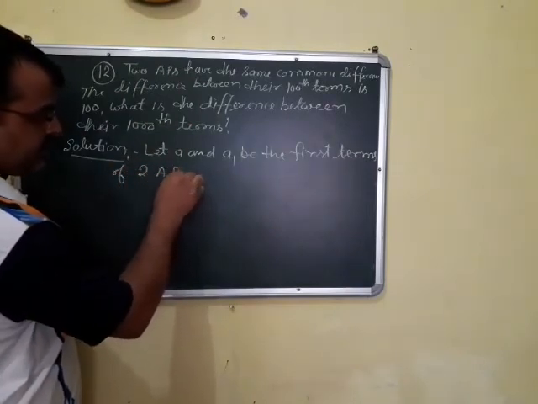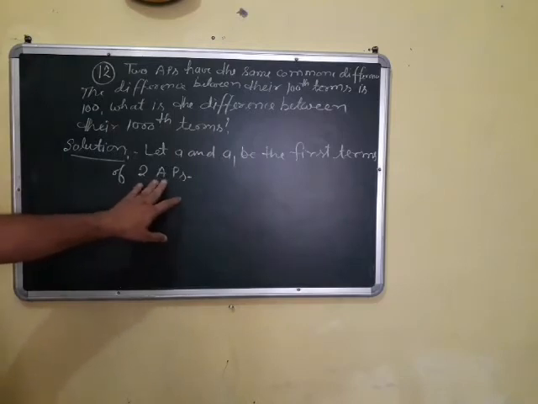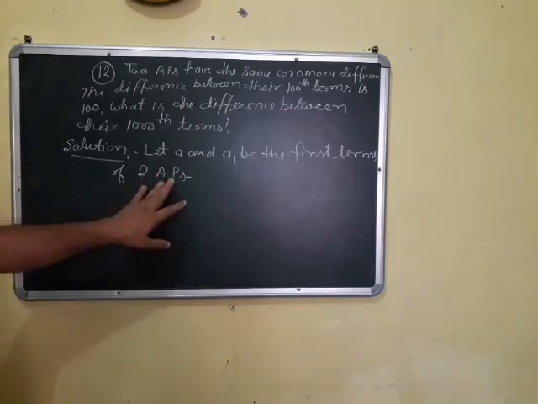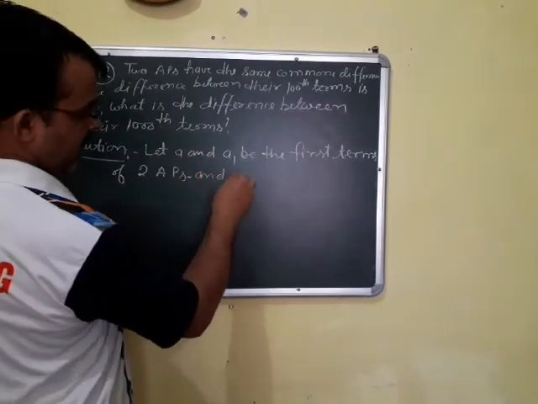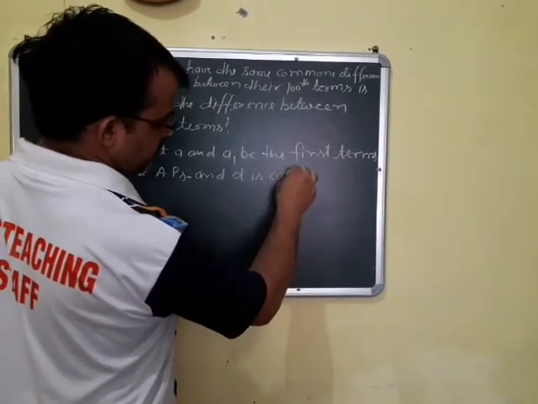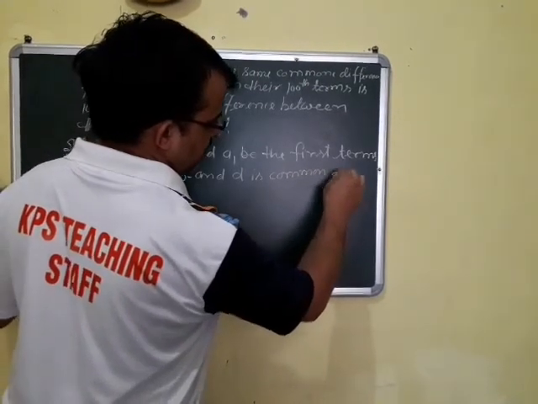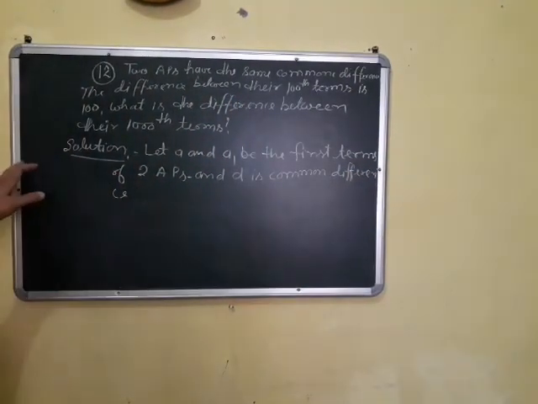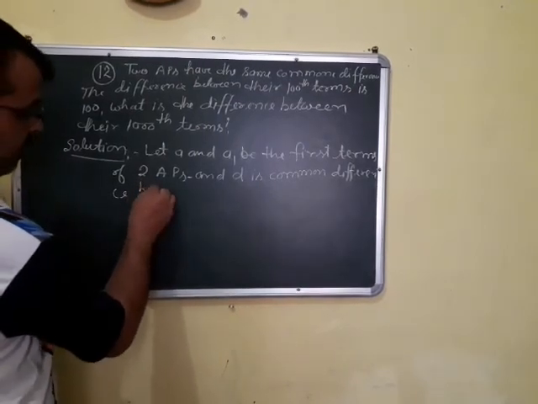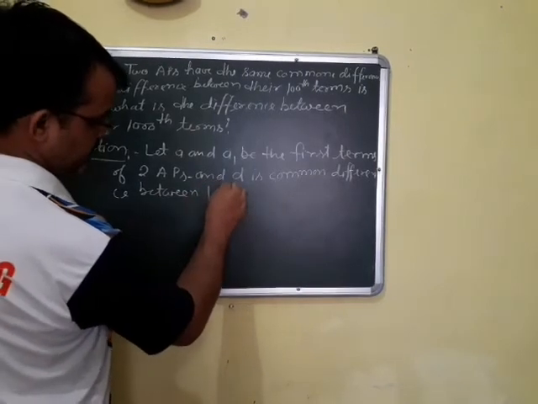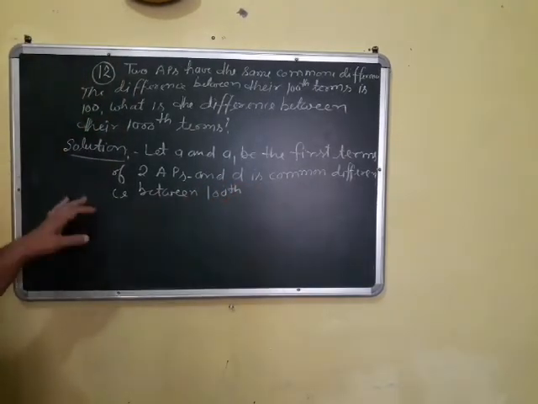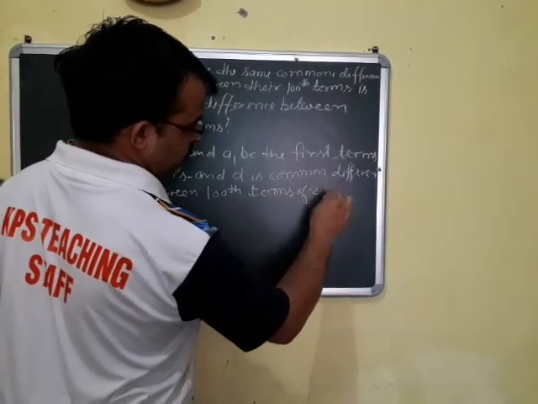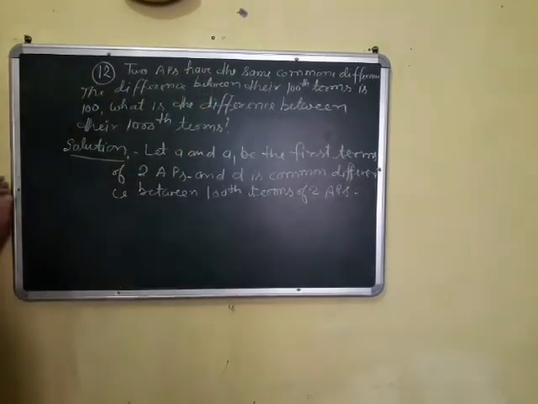Here it says, let a and a1 be the first terms of two APs, and d is the common difference between the 100th terms of two APs.